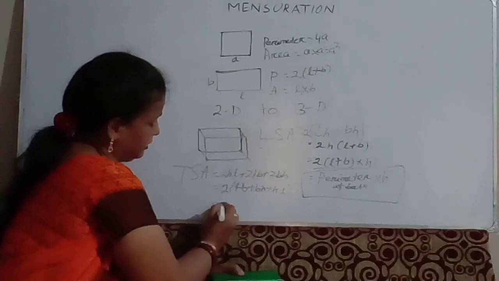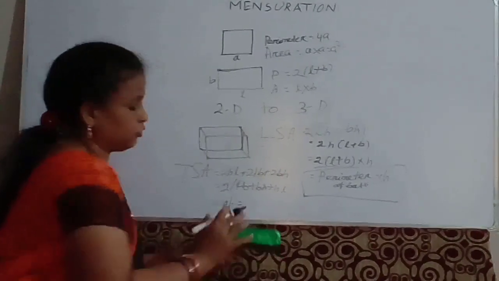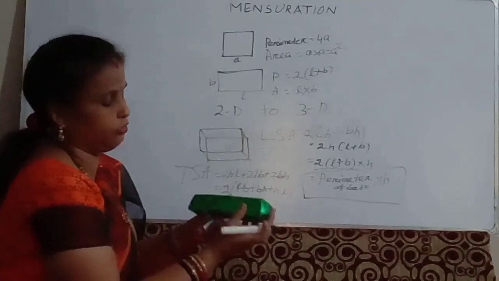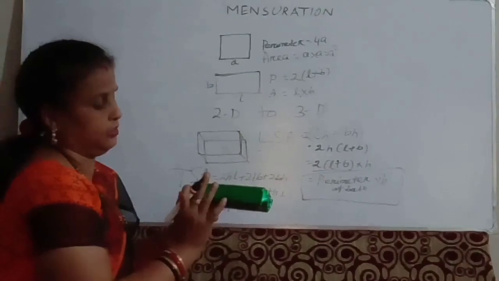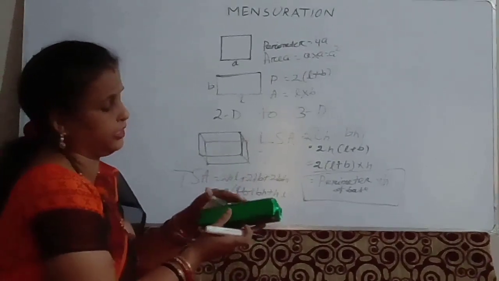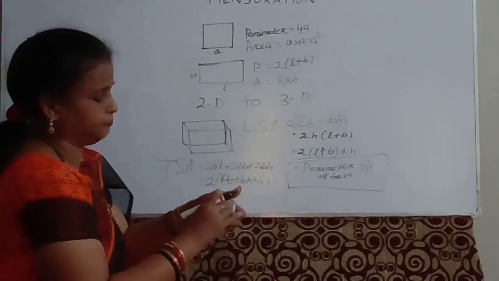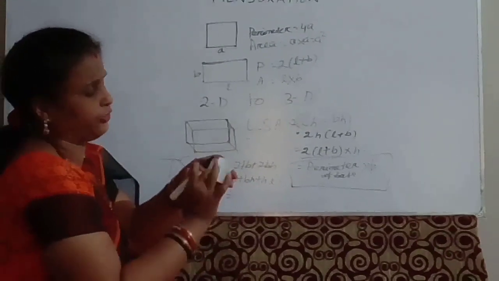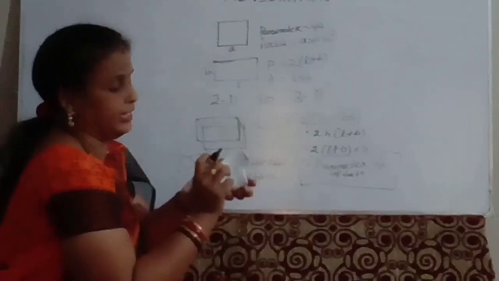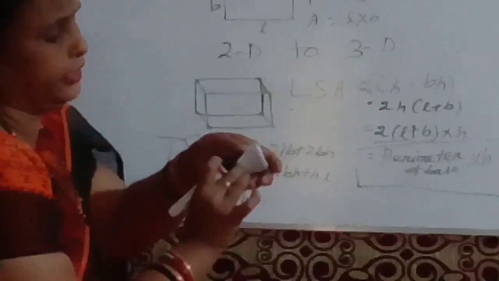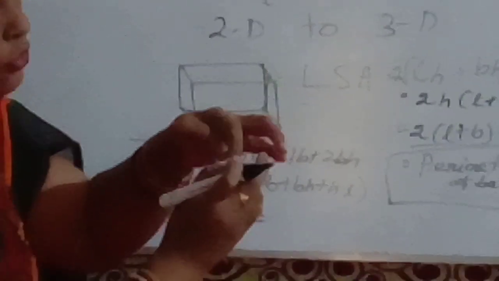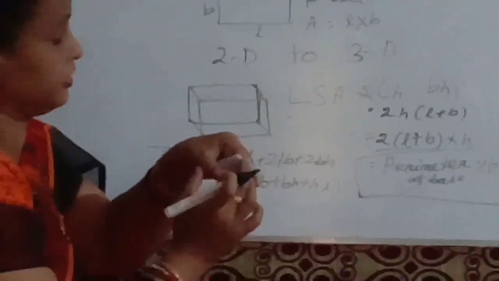Volume is very interesting. Volume means how much the total solid covers, or how much can be held in this solid shape. This is one area; the area of this figure, sorry, is L into B. How many L into B's are there? H times.